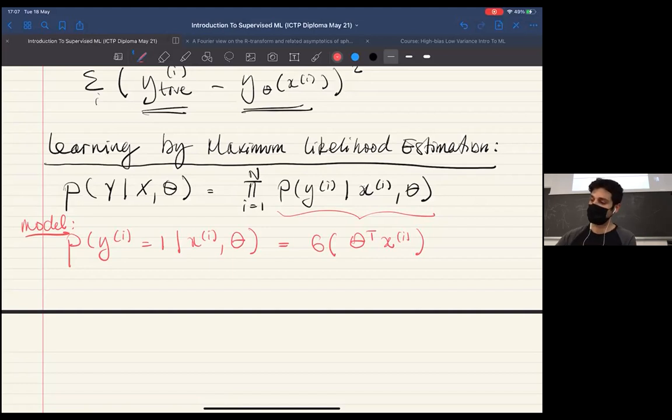Okay, so from there, what is this? This is the probability of a label, but a label is not necessarily +1. It can be +1 or -1.